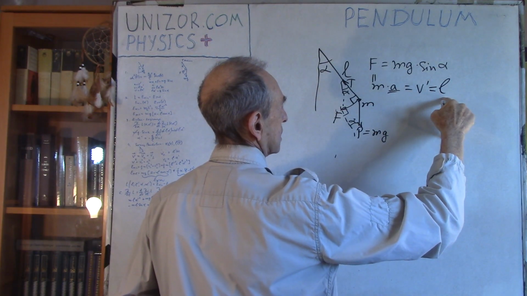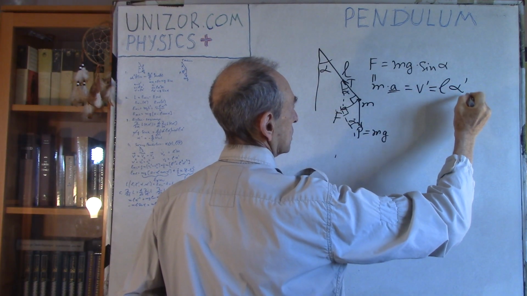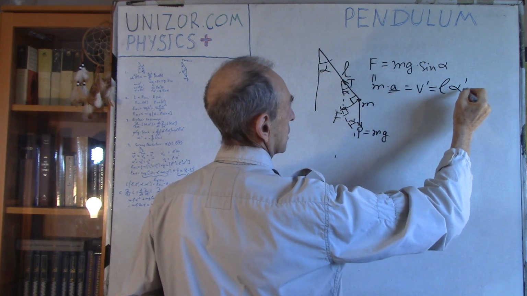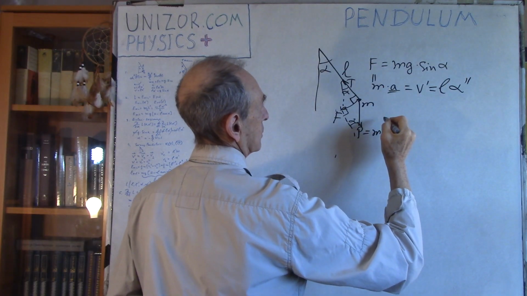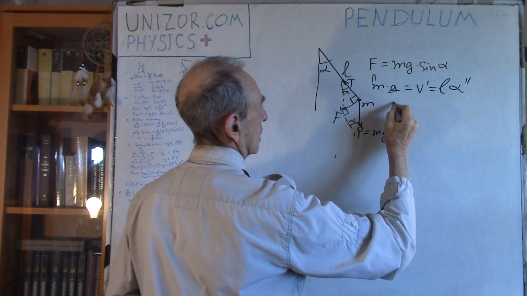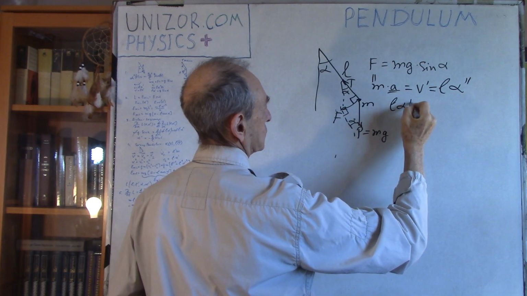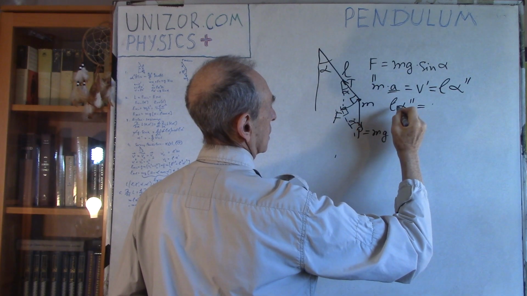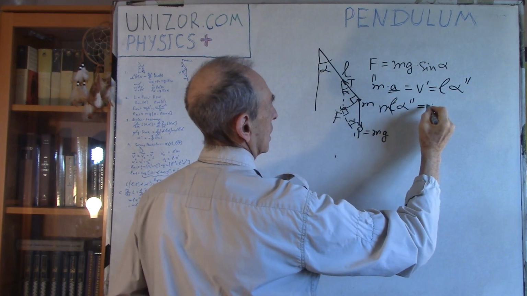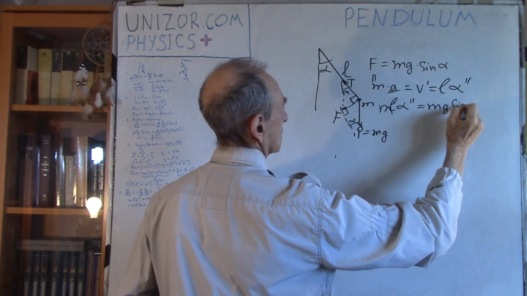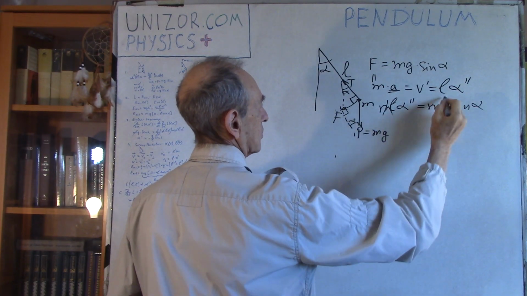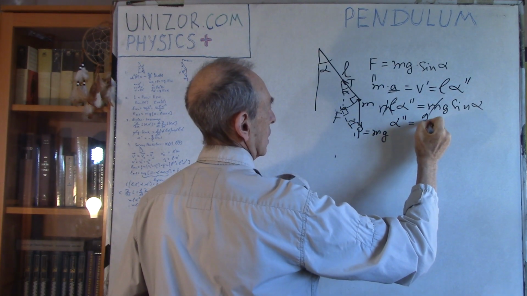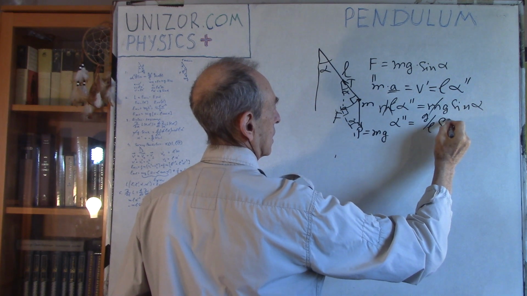Linear speed is radius times angular speed, and one more derivative gives us the equation L times alpha second derivative is equal to, well, m, this m, equal to mg sine of alpha. The m cancels, and alpha second derivative is equal to g over L sine alpha.